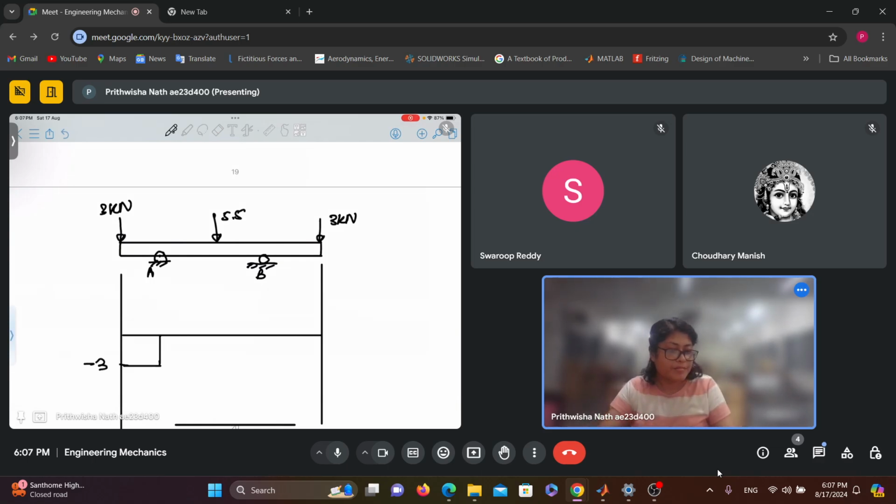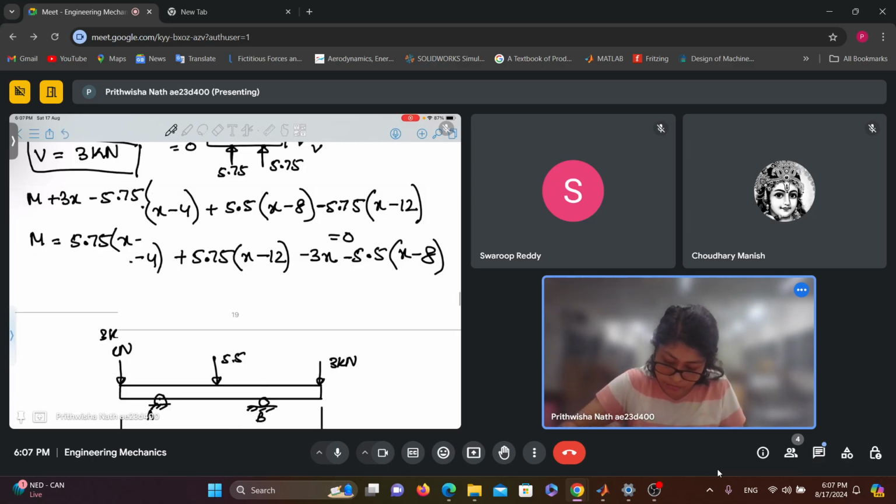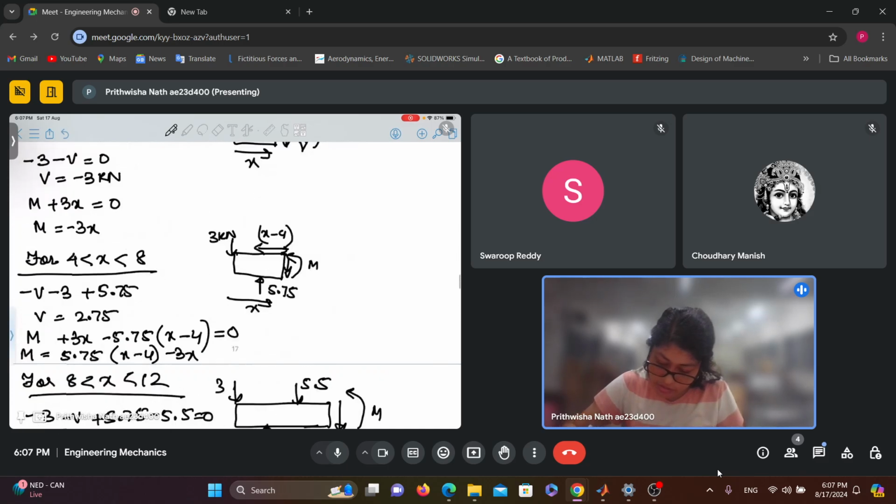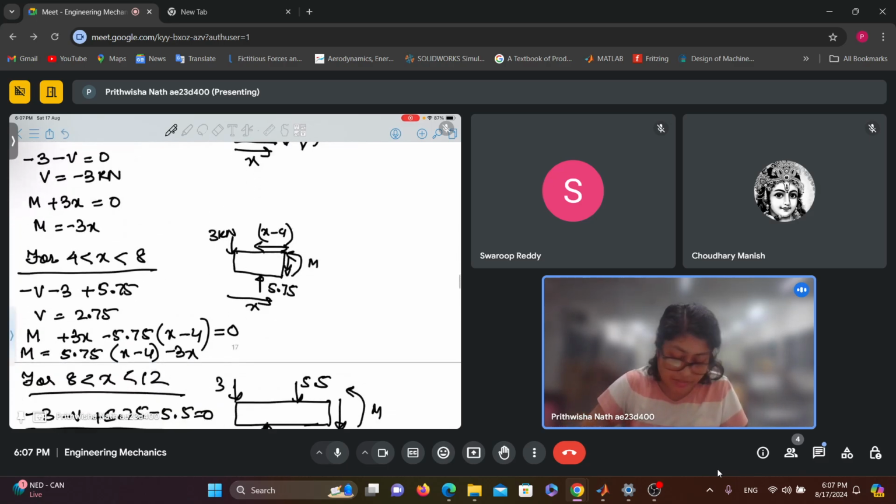Minus 3. Now from A to this external force 5.5, for the next section it was 2.75, right?